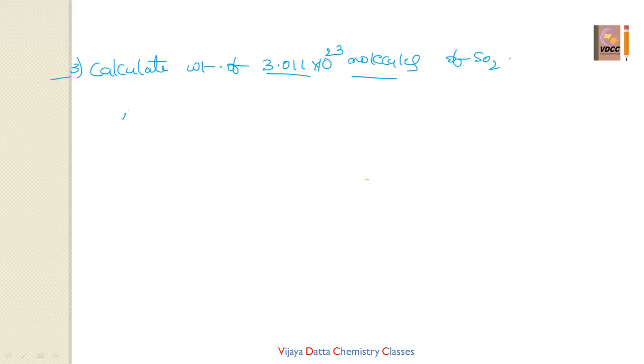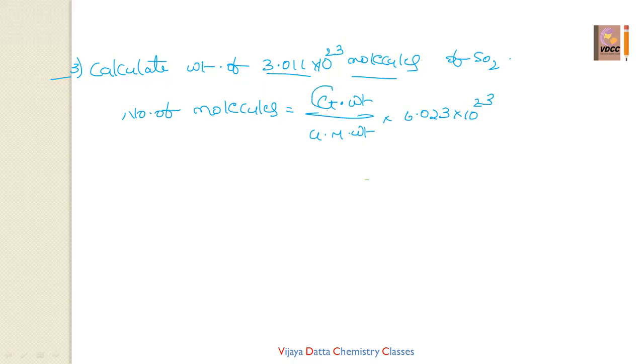So what is the formula for number of molecules? Number of molecules equals given weight by gram molecular weight into Avogadro number. Avogadro number value is 6.023 into 10 to the power of 23. Now he is asking to calculate weight.